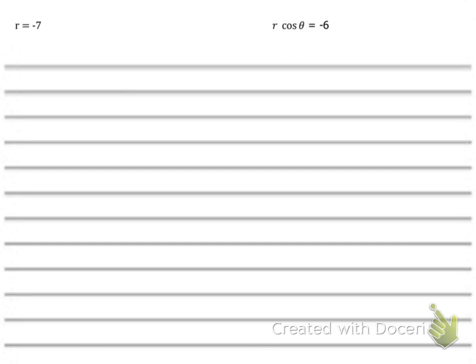So the only thing we can do with this is square both sides. Because then I'm going to have r squared equals 49. And r squared is x squared plus y squared.